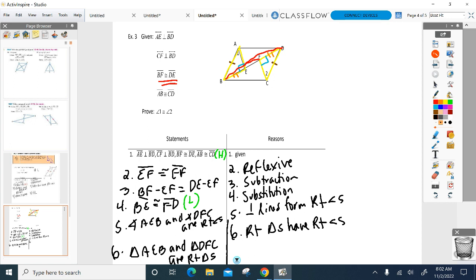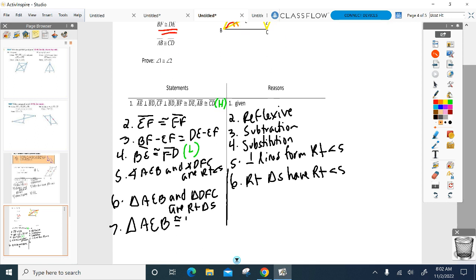CFD, right? CFD. That's where I care the order matters. HL. Now, the triangles are congruent.